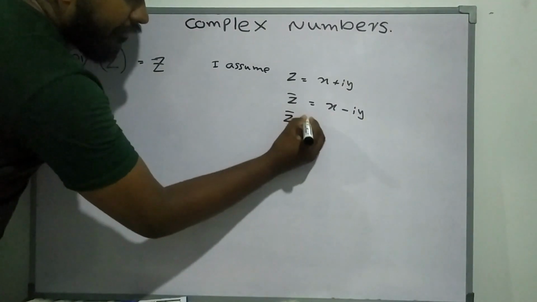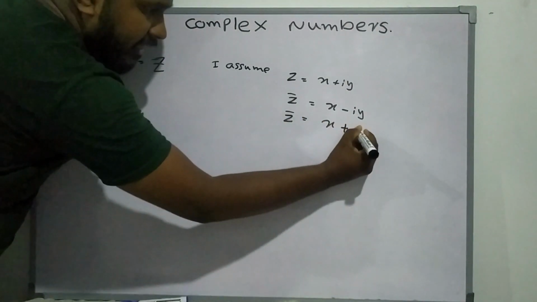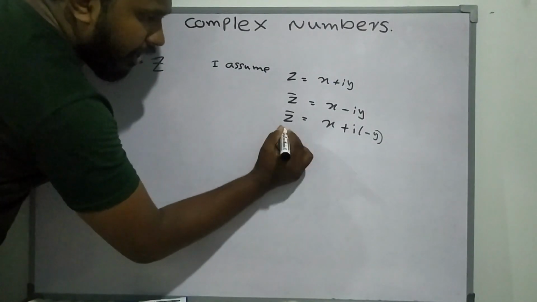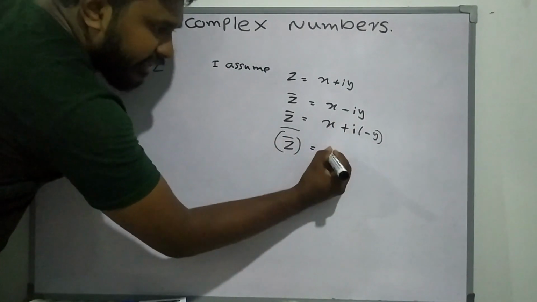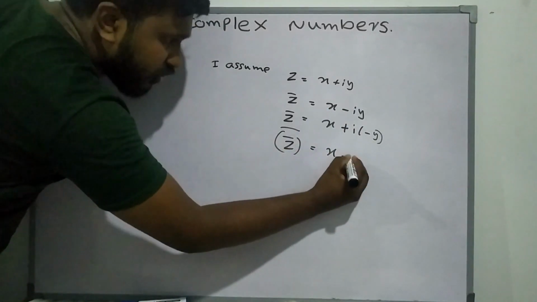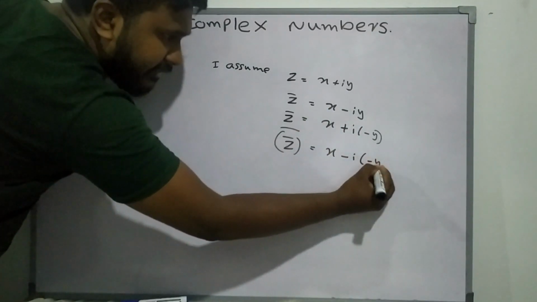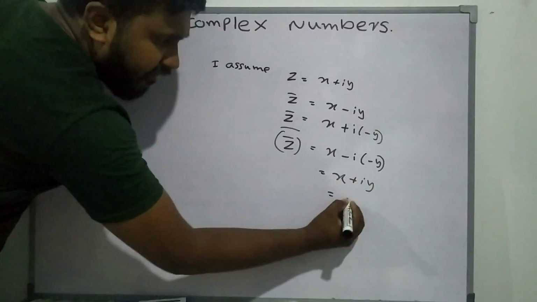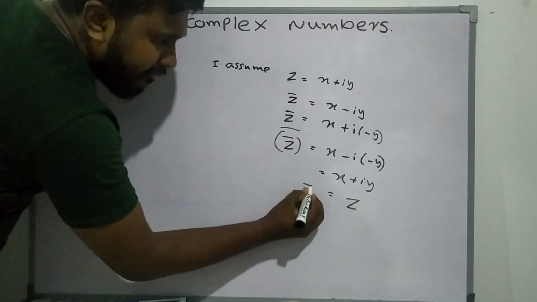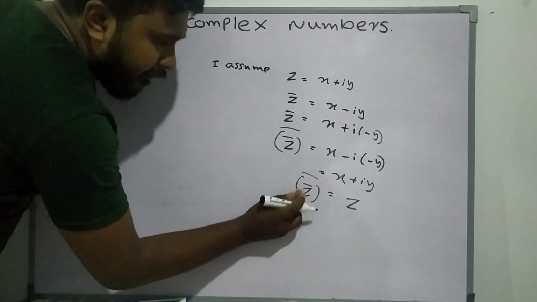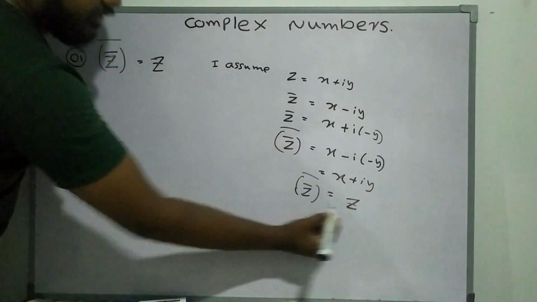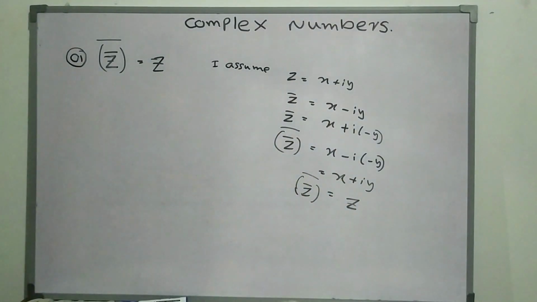So z double bar will be x plus i times minus y, meaning the sign is changed again, minus i times minus y. So it's x plus iy, which is actually our z. Therefore, z double bar is equal to the original complex number. So this is the first theorem that we had.